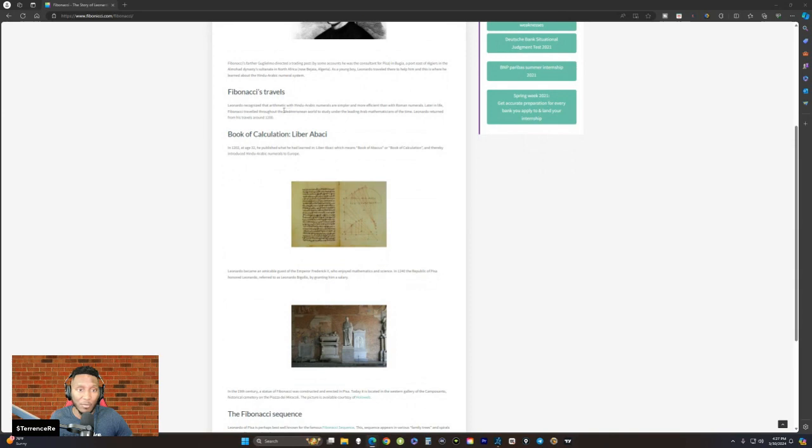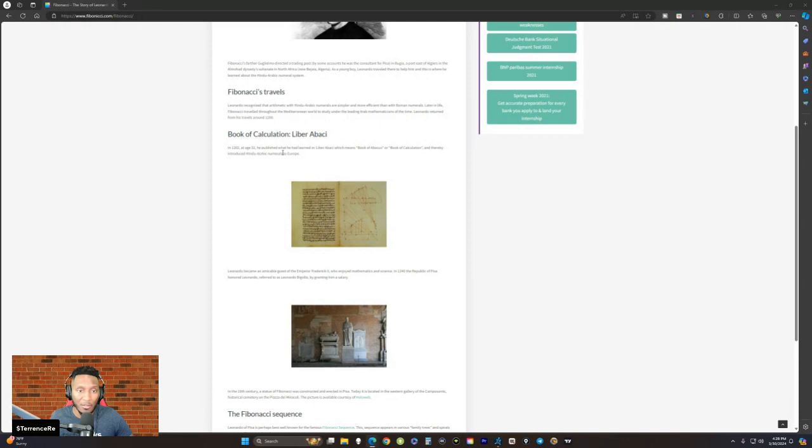It talks about his travels. I will say it says Leonardo recognized that arithmetic with Hindu-Arabic numerals is simpler and more efficient than with Roman numerals. It says later in life, he traveled throughout the Mediterranean world to study under the leading Arab mathematicians of the time. Leonardo returned from his travels around 1200.